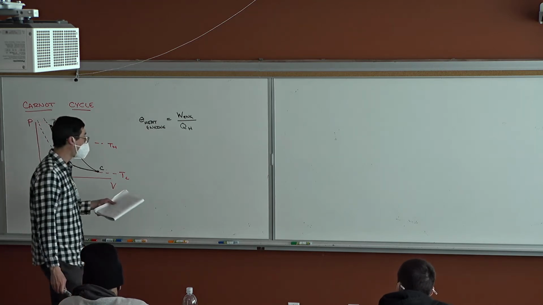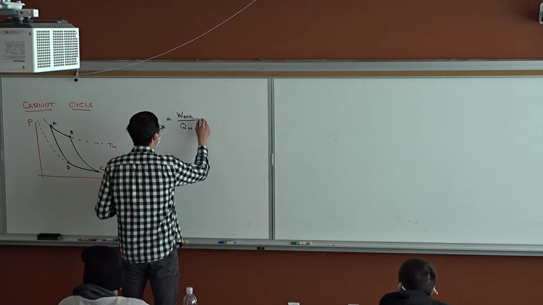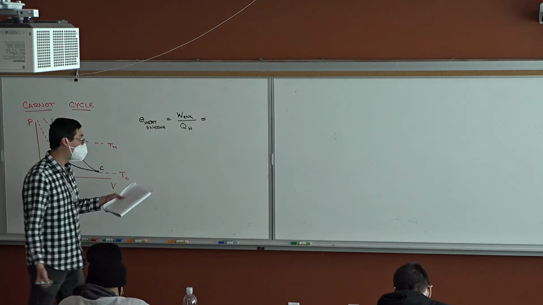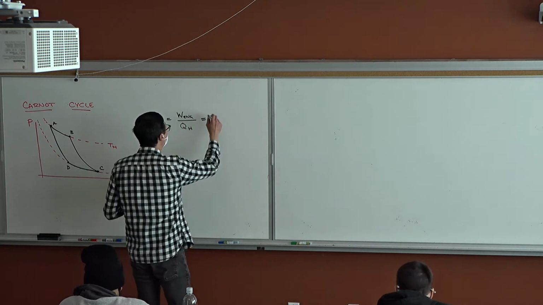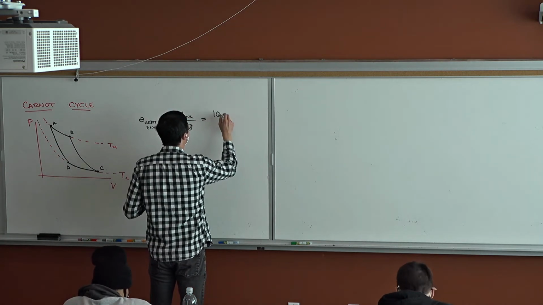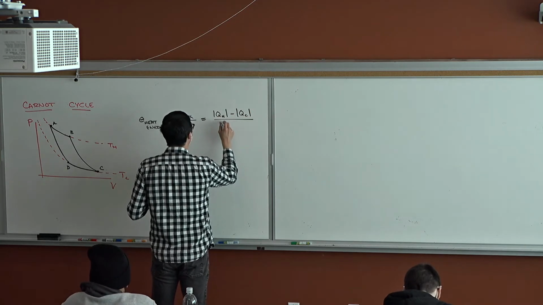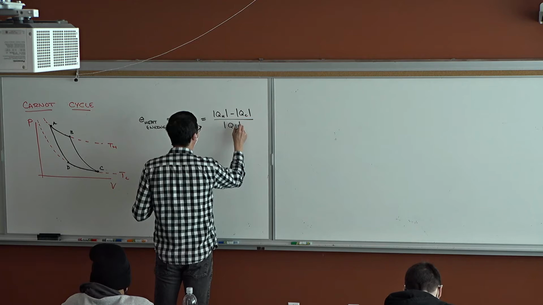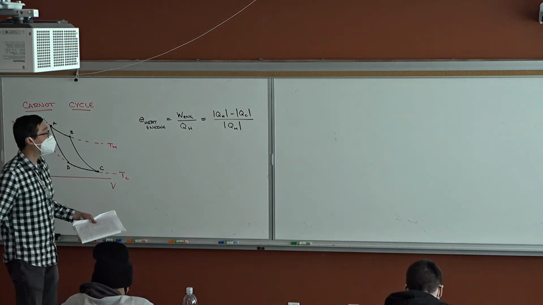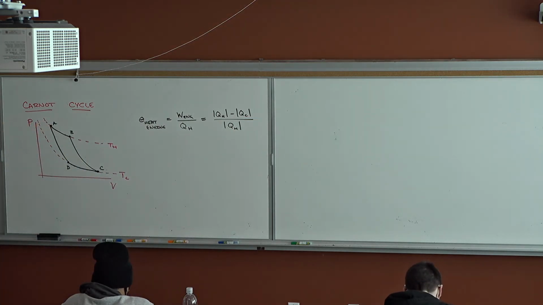So in general, we can write this as QH minus QC over QH. That's kind of tried and true from last week.